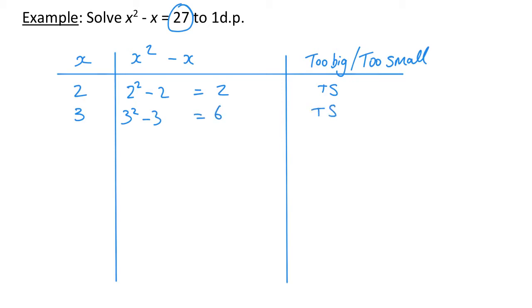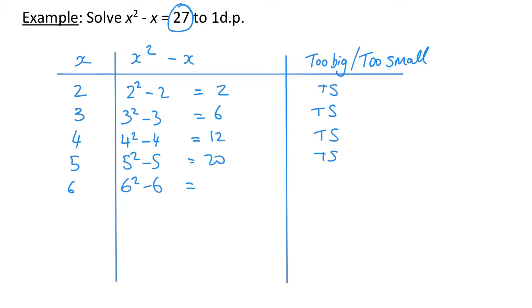Again, that's too small. 4 squared minus 4 is going to be 16 minus 4, which is 12. So that's too small. 5 squared minus 5, which is 20, which is too small, but we're getting closer. And then 6 squared minus 6 is 36, take away 6, which is 30, which is too big.